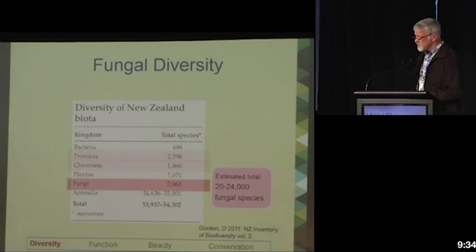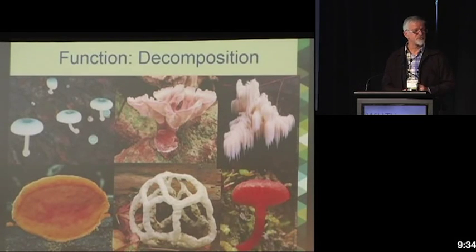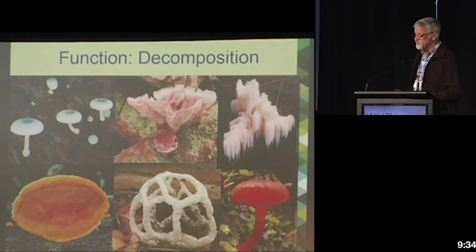So looking at function, I've just got 3 slides to give a quick snapshot of the main functional roles of fungi. Firstly, decomposition. We have a large number of fungi, and Bill's already alluded to it, in the simple beech forest, which has over 1,000 species of fungi in all different functions. We have ones here like Clathrus, the basket fungus.